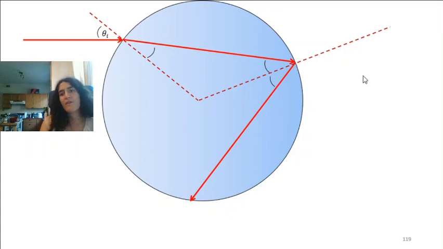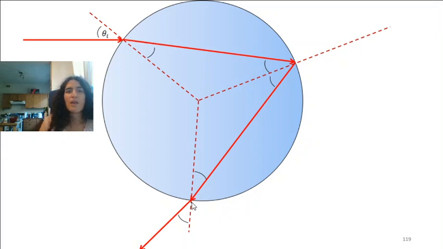I could actually have light escaping off of the back, but let's imagine that I have light reflecting off of the back and then also refracting again. So imagine this is sunlight coming in from the top, bending, reflecting, and then bending again.